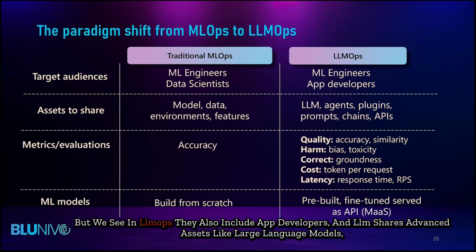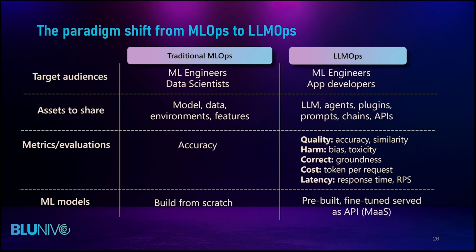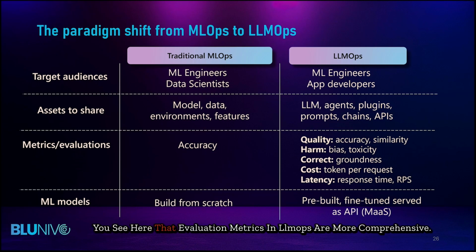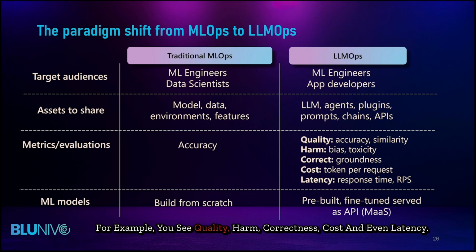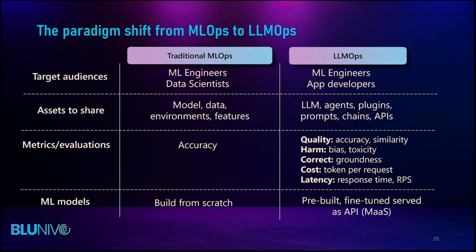But we see that LLM ops also includes app developers, and LLM ops shares advanced assets like large language models, agents, plugins, prompts, chains, and even APIs. You see here that evaluation metrics in LLM ops are more comprehensive, for example quality, harm, correctness, cost, and even latency.